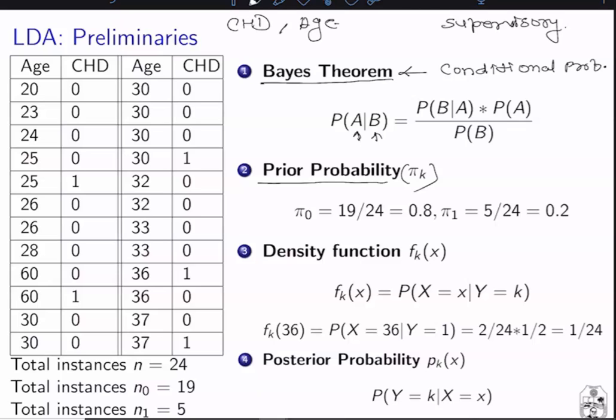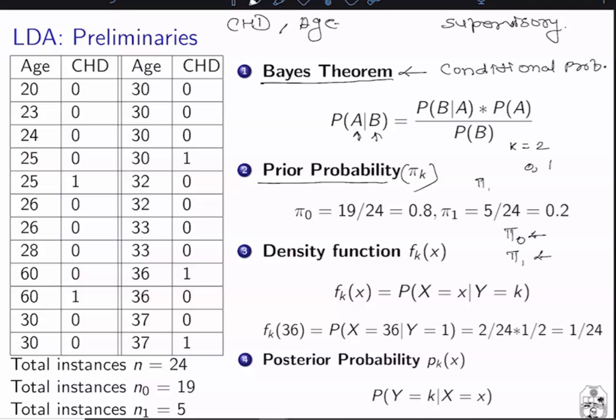In the case of binary classification, k is usually 2, taking values 0 and 1. So pi 0 means the probability of a randomly selected observation belonging to class 0, and pi 1 means the probability of a randomly selected observation belonging to class 1.